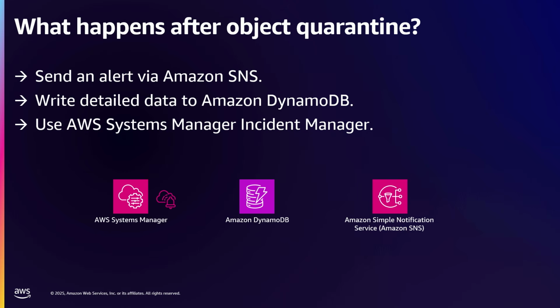And if you want, you can also use AWS Systems Manager Incident Manager to create an incident ticket for your security team, and they get calls saying, yes, there is a malware object, you need to be aware of it, you need to do this step and this step. And if you want, you can call another AWS Step Functions flow to get some deeper investigation for your system.